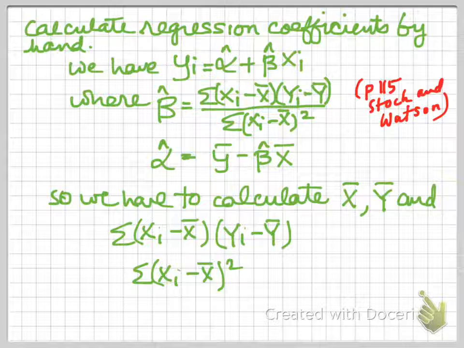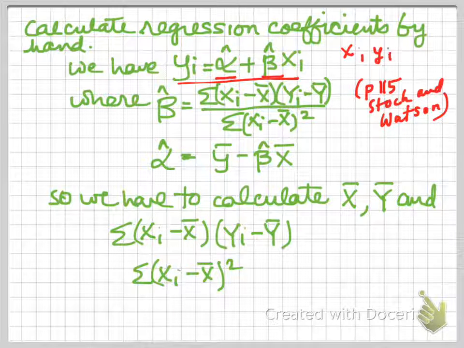We're estimating an equation, yi equals alpha hat plus beta hat xi. We're estimating the parameters alpha hat and beta hat from data that we have, from observations that we have, x's and y's. So we have pairs of xi, yi for a sample of data.